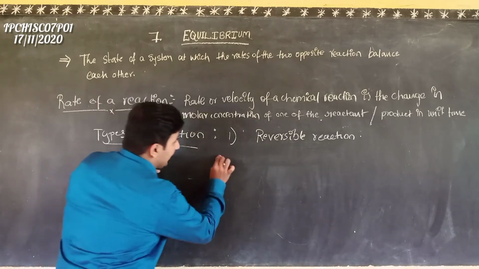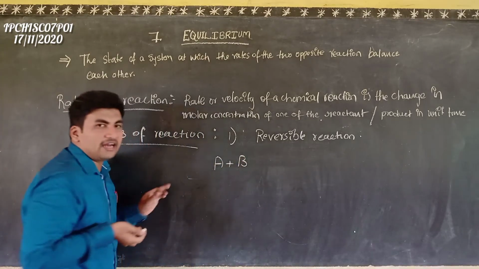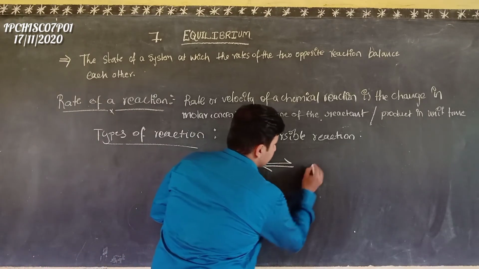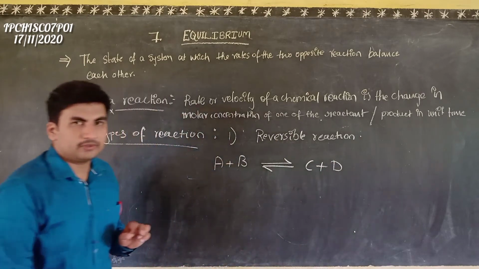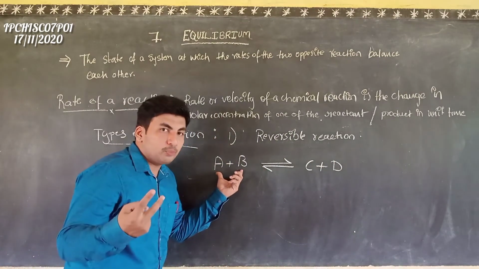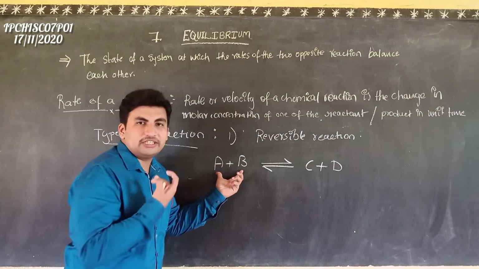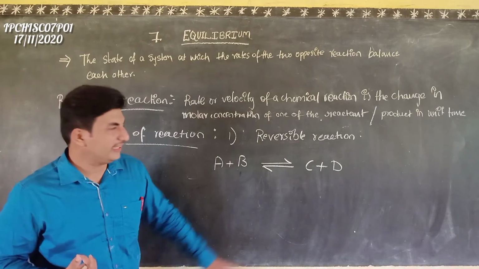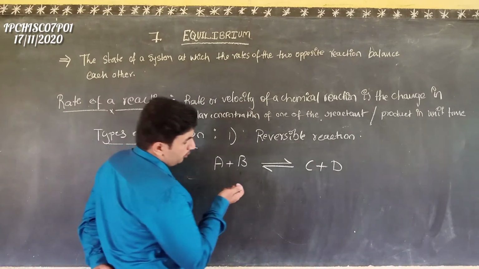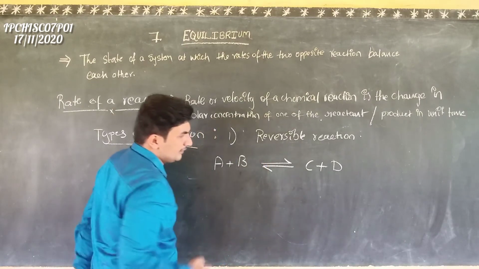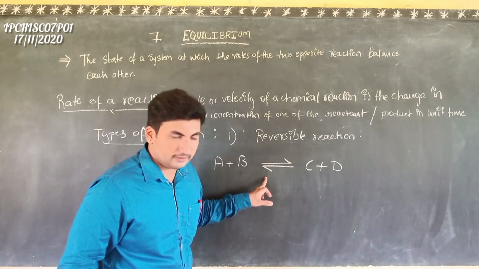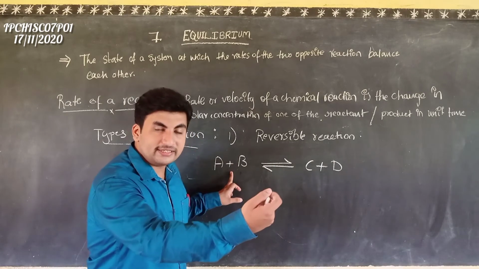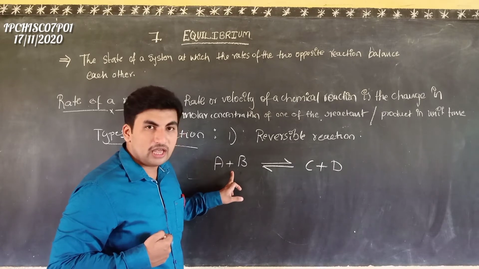I will take one general example: reactants A plus B will react with each other and give C plus D as products. You can observe here I represented a double-headed arrow. This indicates that forward reaction and backward reaction are both happening.